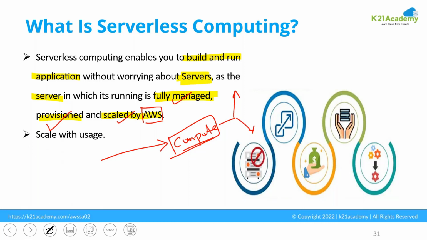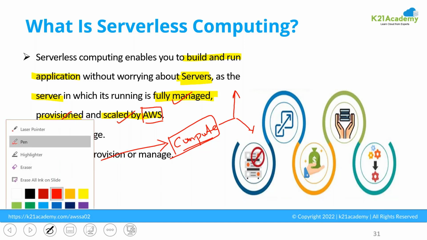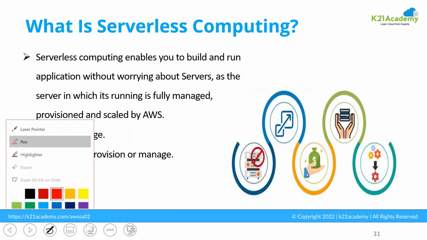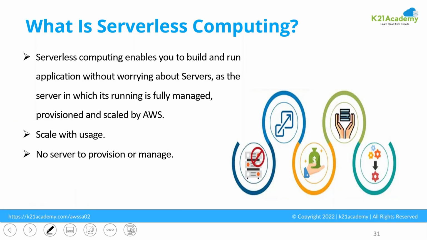So whatever service or whatever function you do, it will be done by Amazon. You don't have to worry about the server. You just worry about your code that you want to get executed or your application that you want to run. You don't have to manage or provision any server. So that is known as serverless computing.